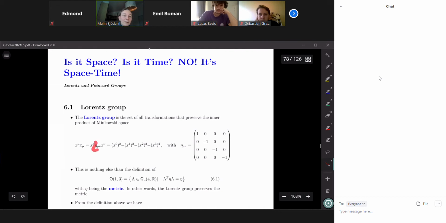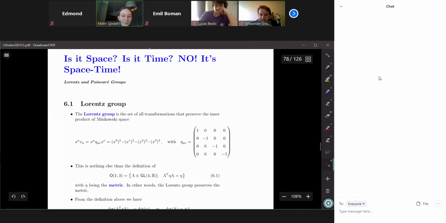So this eta here is the metric, so it's diagonal 1, minus 1, minus 1, minus 1 in the particle physicist convention. If you have not studied particle physics but only gravity, you have most likely seen it with the opposite signs everywhere. Both conventions are common, but in different fields.